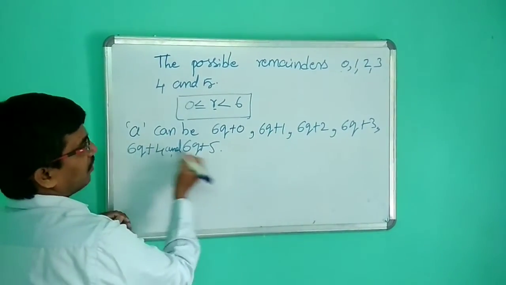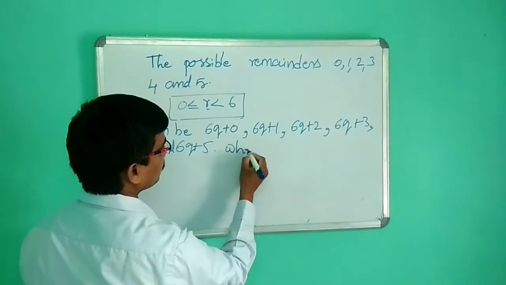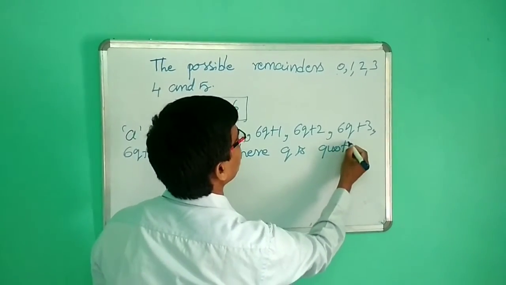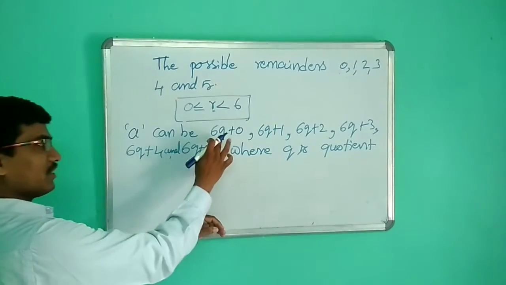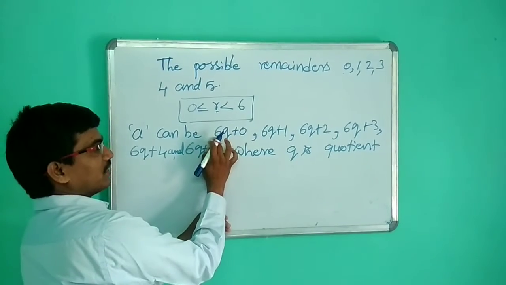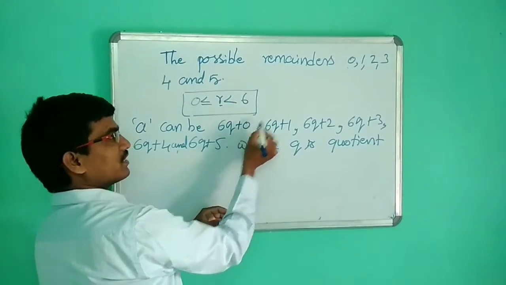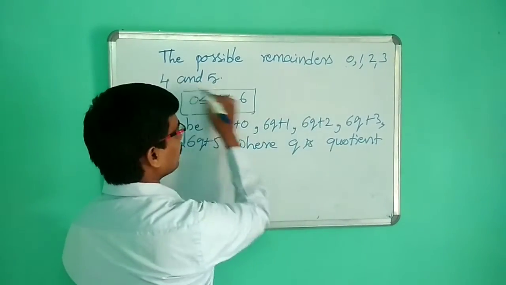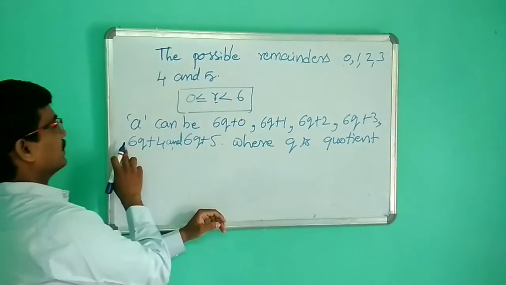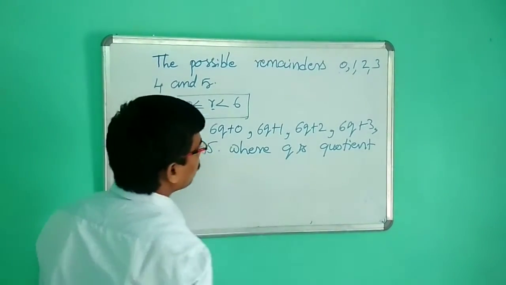Here q is the quotient. Q is the quotient, and its value may be 0, 1, 2 and so on; a can be 6q, 6q + 1, 6q + 2, 6q + 3, 6q + 4 or 6q + 5, where q is the quotient.